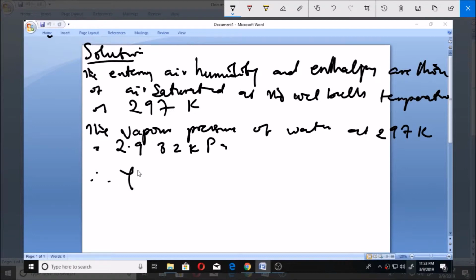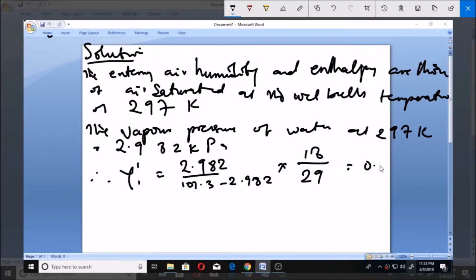We can now calculate the humidity by saying 2.982 all over 101.3 minus 2.982, times 18, which is the molar mass, all over 29, which will give us 0.019.